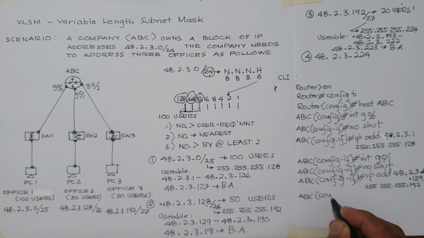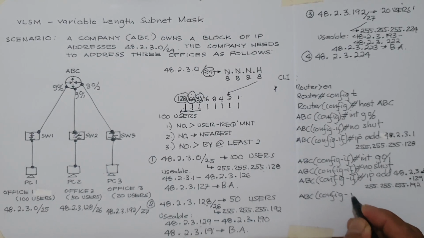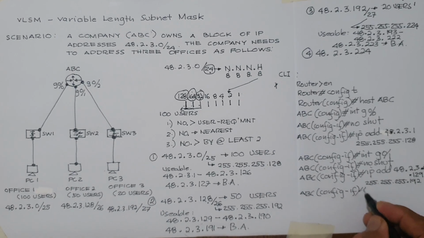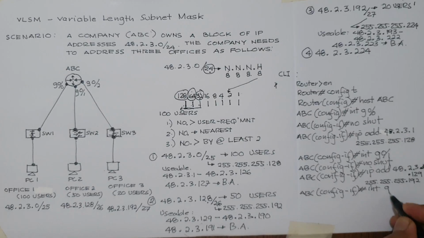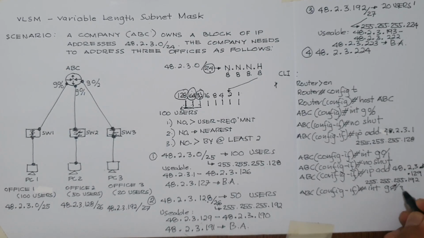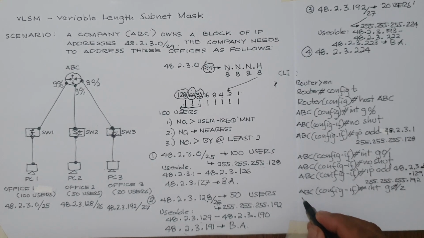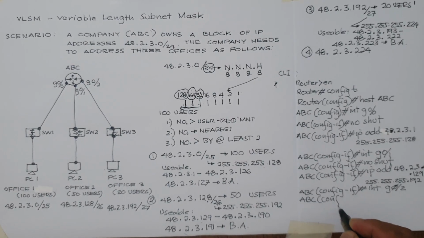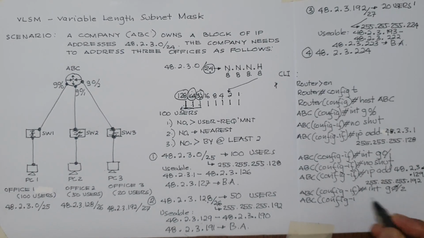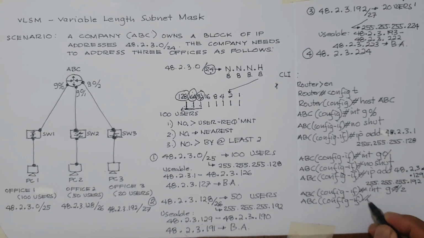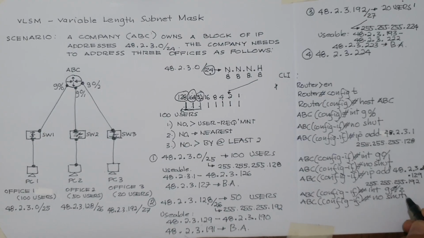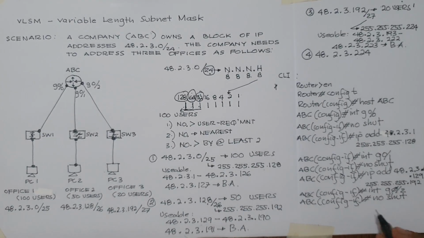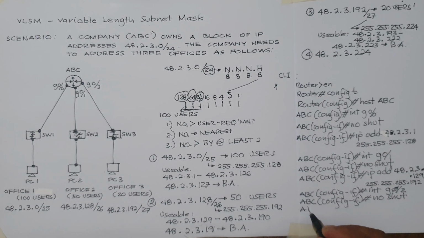Then we go to the last interface, which is G02, int G02. Then just like what we did in the previous interfaces, we issue the no shut command there, and then we issue the IP address.